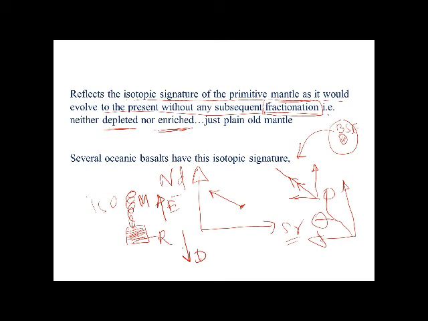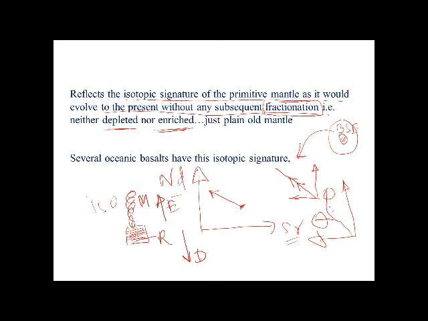When the residue gets depleted, the melt becomes enriched. So being enriched or depleted is a disturbance to the evolution of the bulk silicate earth. If it is depleted, its direction gets deflected.